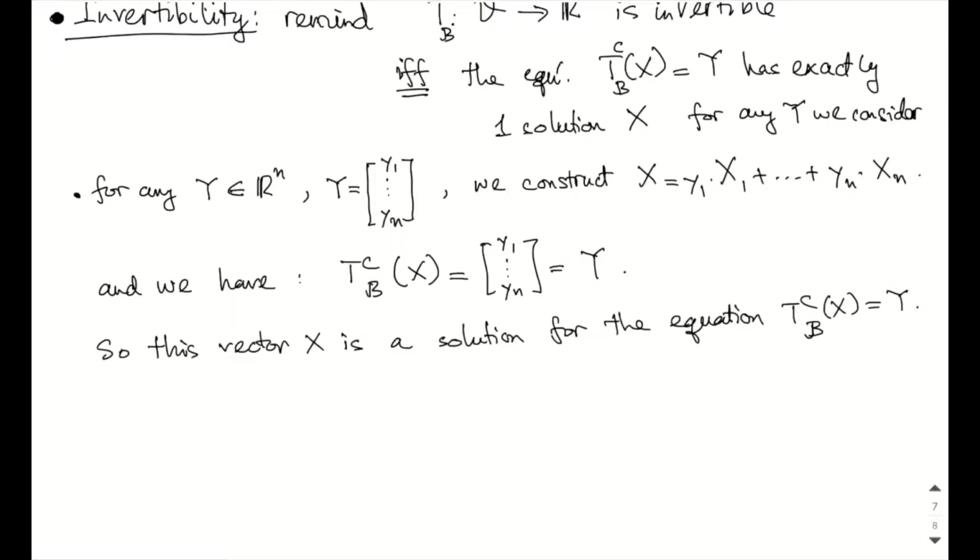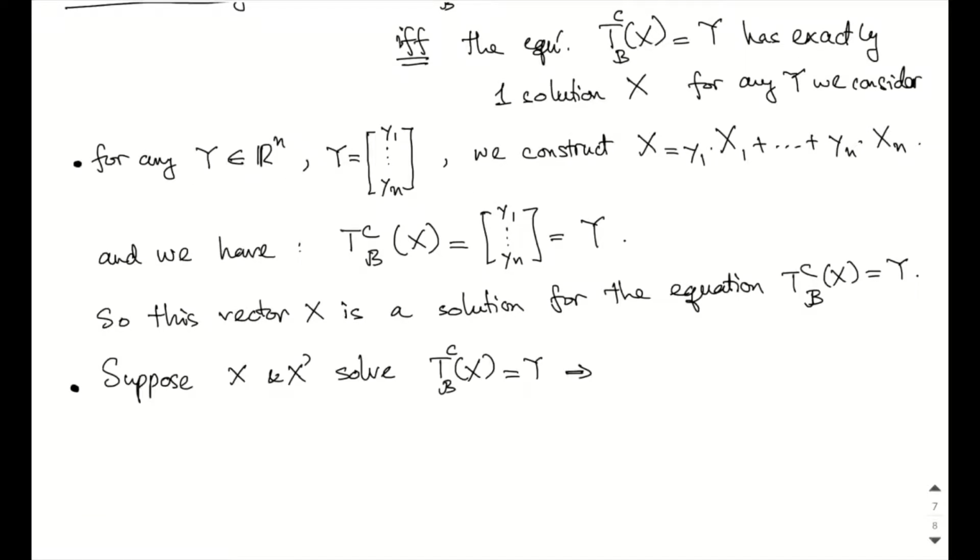How are we sure that this is the unique solution we can find? First, suppose that we have two possible different answers, and then somehow we prove that they are the same. So suppose that x and x prime can solve the equation TCB x equals y. Then at that time, we have TCB of x equals TCB of x prime equals the y written explicitly as an n-tuple.